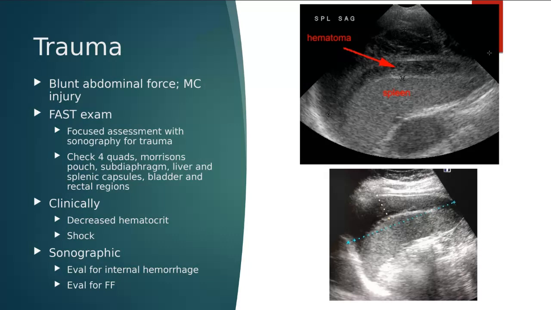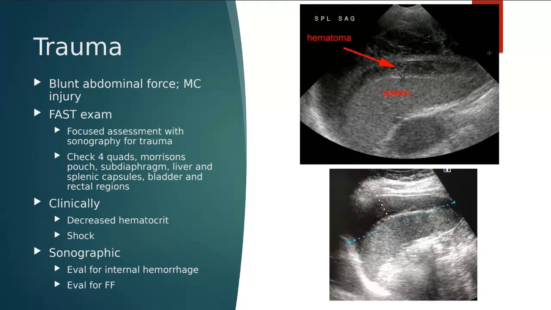Next, we need to be aware of how we can evaluate trauma. Any type of blunt abdominal force trauma is going to be the most common injury of the abdomen, and the spleen is very sensitive to blunt force trauma.